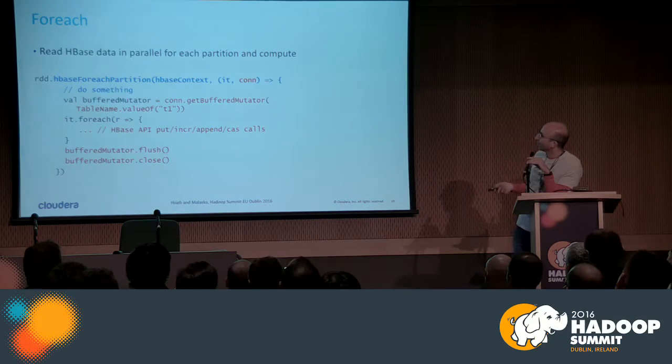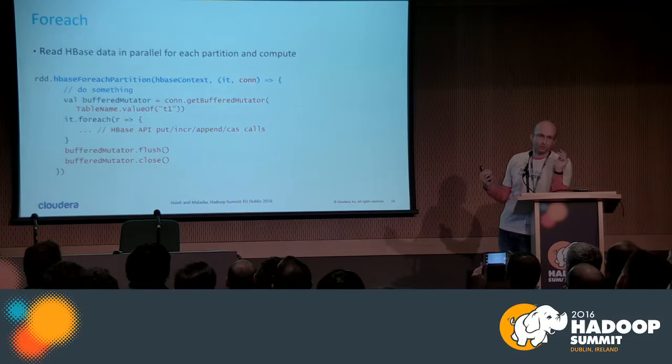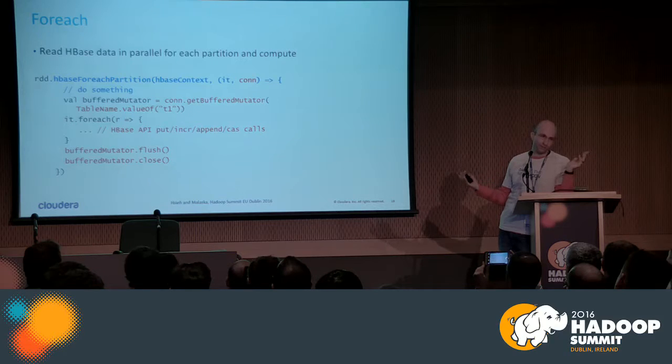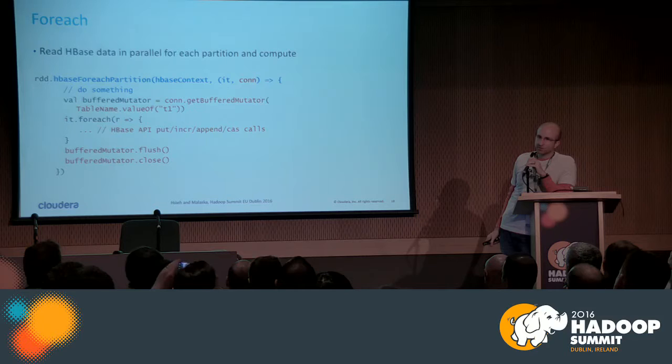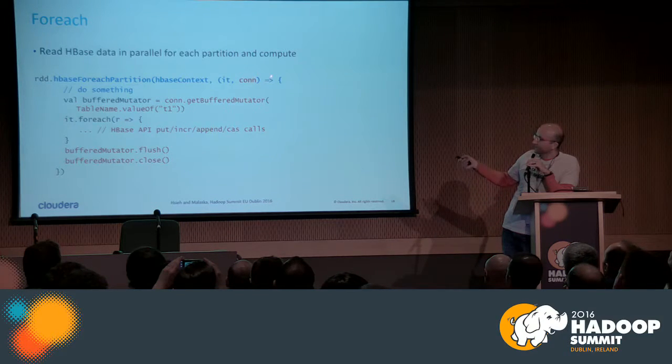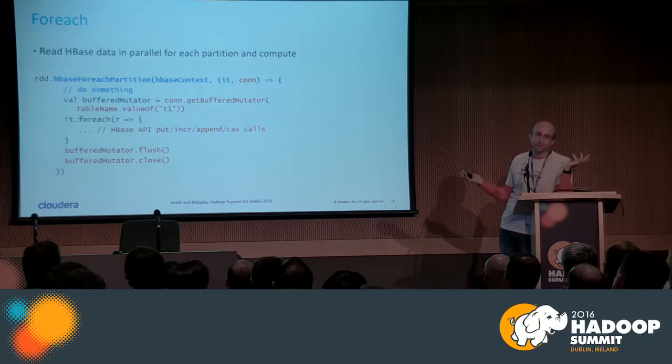So foreach is like executing a function distributed across the cluster, right? That's how it works. The main modification here is that instead of just getting an iterator, we get an iterator with a connection. So now we can do anything we want with HBase while we iterate over our data.